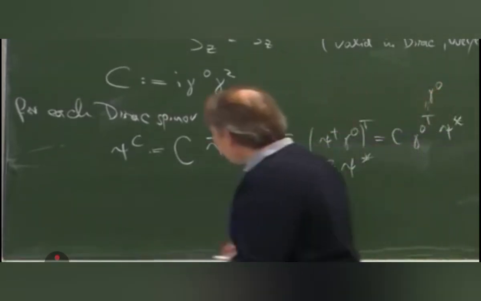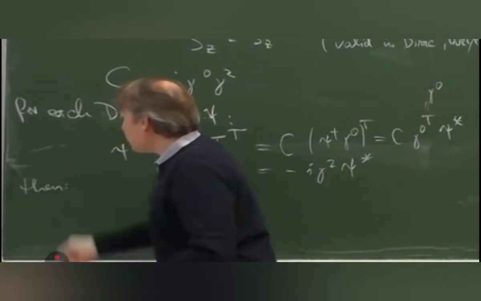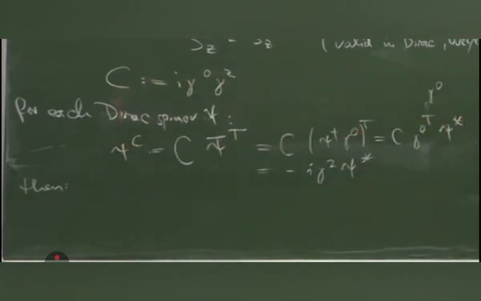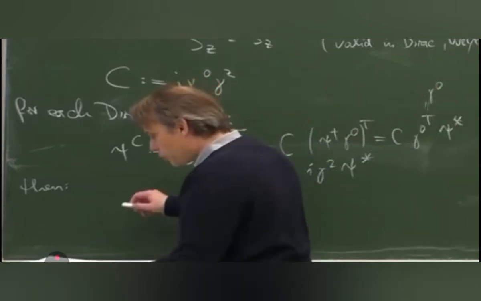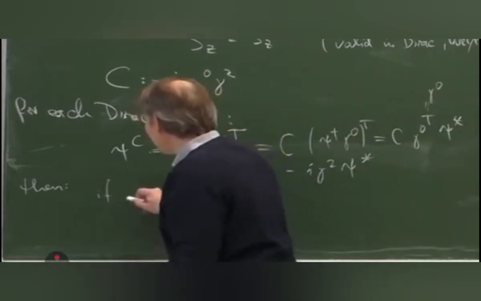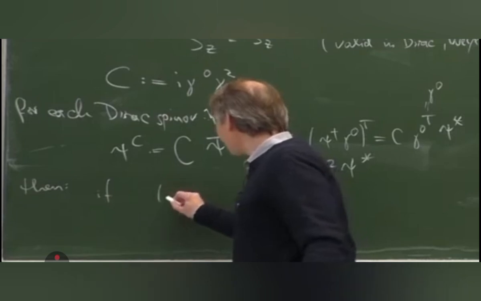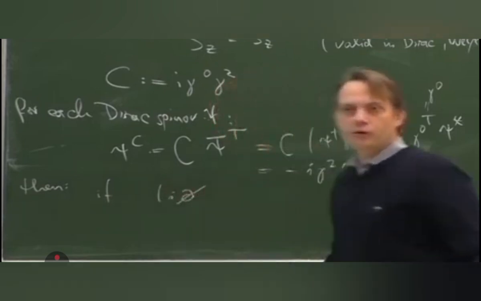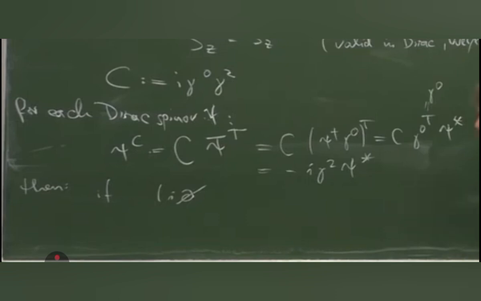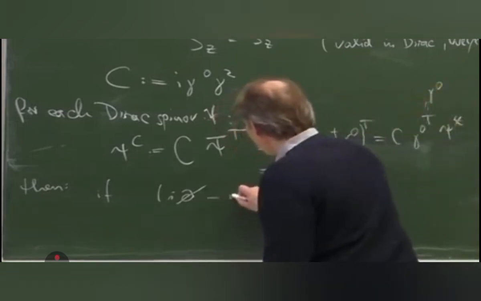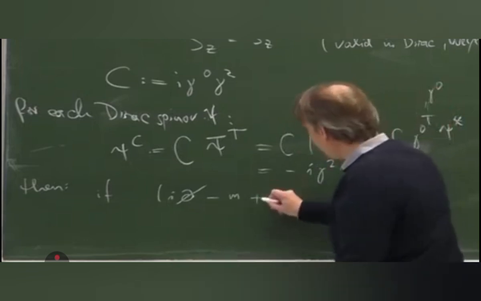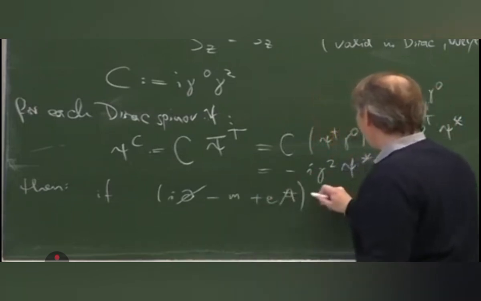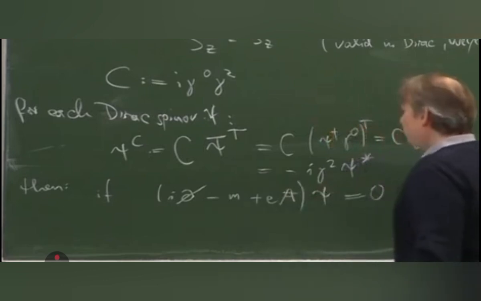And then let us discuss what that definition means. Why do we call it charge conjugation? We call it charge conjugation because of two very fundamental and interesting properties which I want you to know. So first of all, if you have the following equation, that was actually an exercise in our quantum theory lecture that some of you have attended. (i D slash minus m) Dirac equation, but now with an interaction term plus e times A slash acting on psi equals 0.